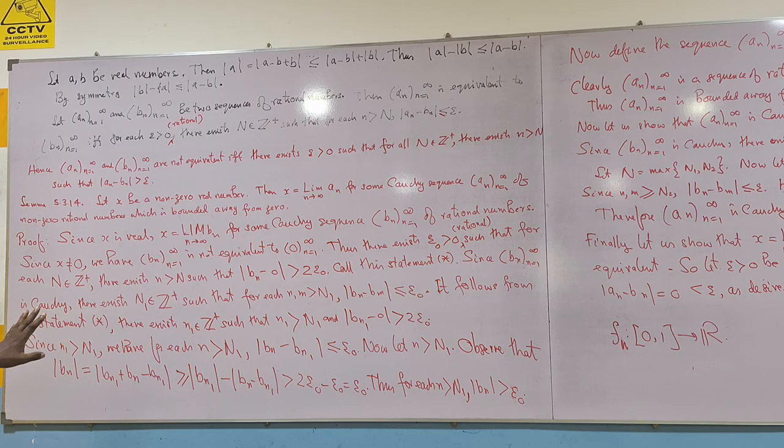So here it is very important that since x is not equal to 0, that line comes first, and from that you get some epsilon_0. Thereafter you get an integer n_1 because b_n is Cauchy. Then you use that epsilon_0 and that n_1 to find the little n. Thus this order is very important.